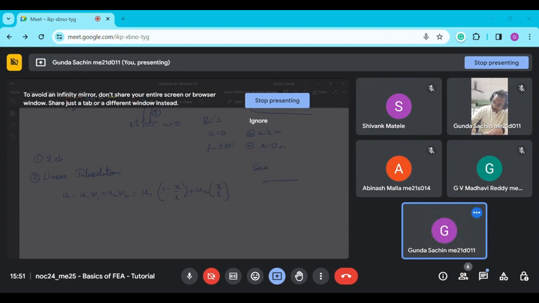This is for a generalized element, you can call it a general element or local coordinate system, which starts from x is equals to 0 to l for an element. This will be the solution and how the interpolation will be.